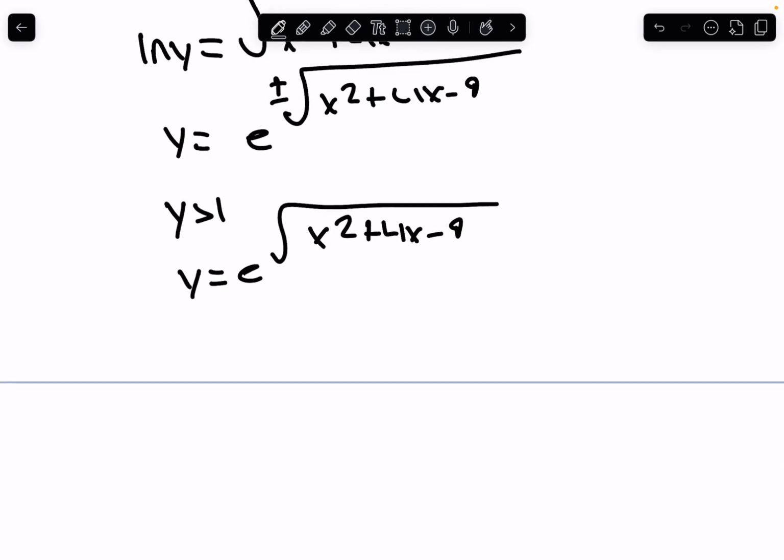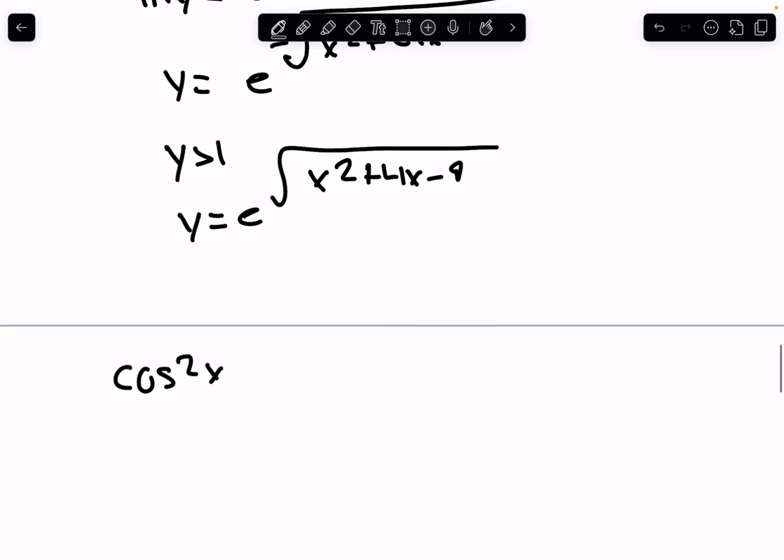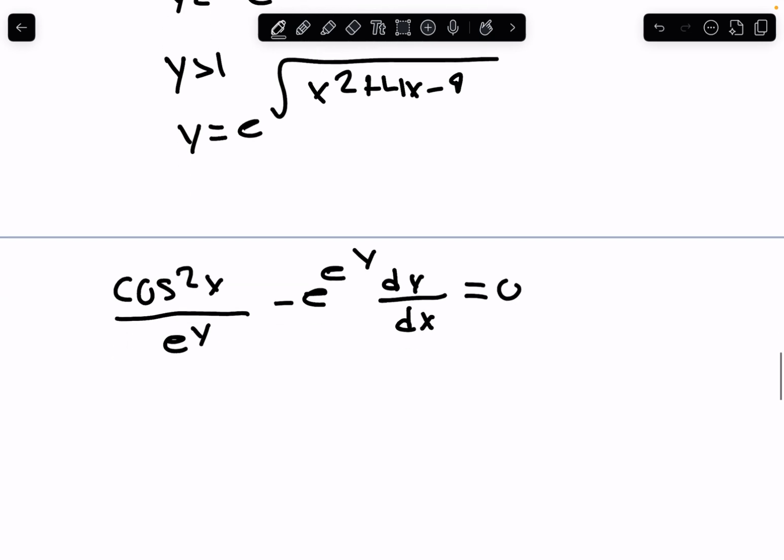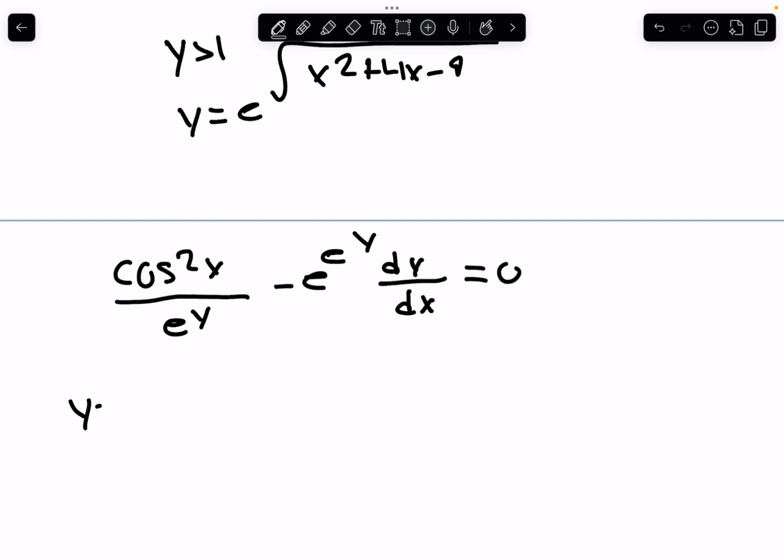This one is telling me to solve the differential equation cosine squared x divided by e to the y minus e to the y dy by dx equals 0. And it's telling you the boundary conditions are y equals 0 and x equals pi.